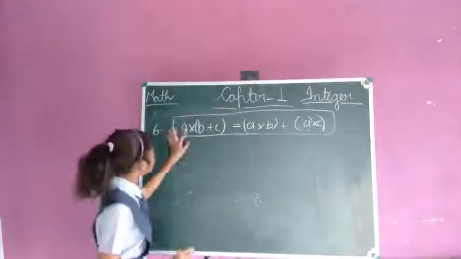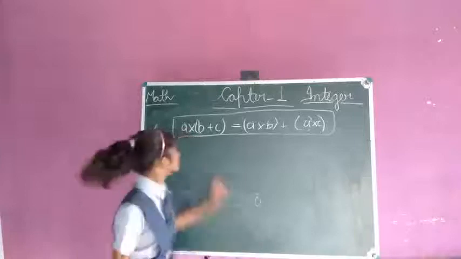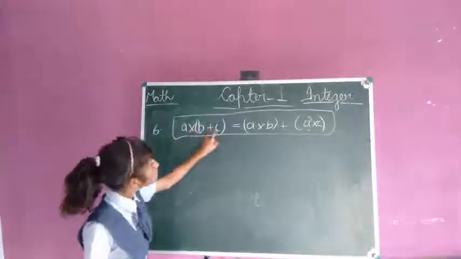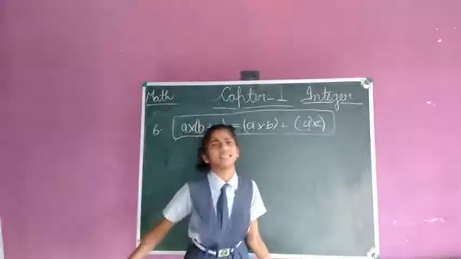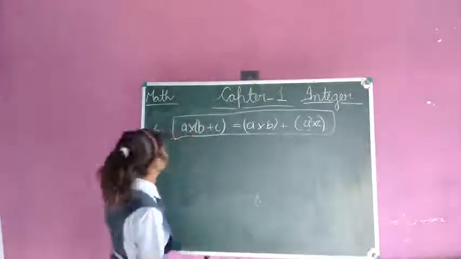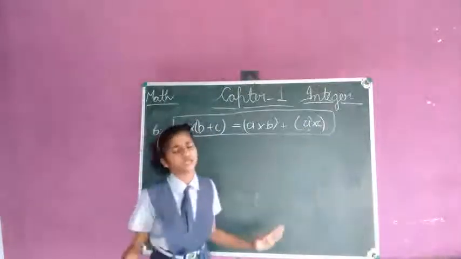Then C is also in bracket, so A into C. So this is our distributive property.